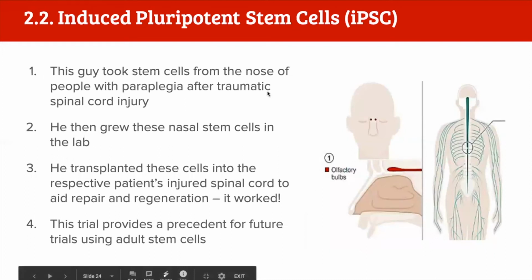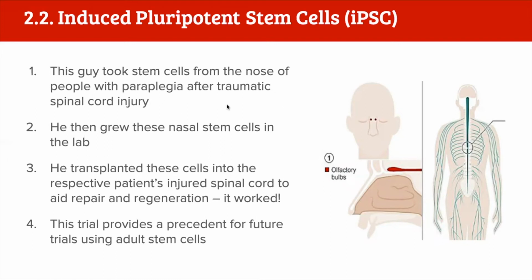So one way we can get induced pluripotent stem cells, right? This scientist took stem cells from the nose, okay, because in an adult body, we still have stem cells that can give rise to different cell types. He took stem cells from the nose of people with paraplegia after a traumatic spinal cord injury.